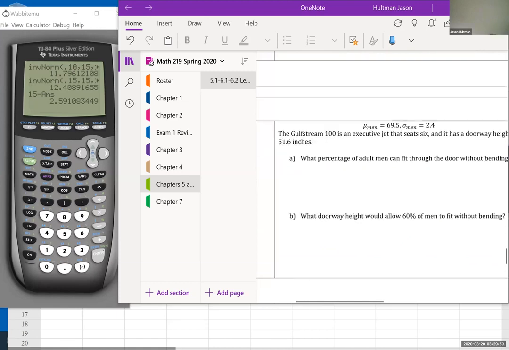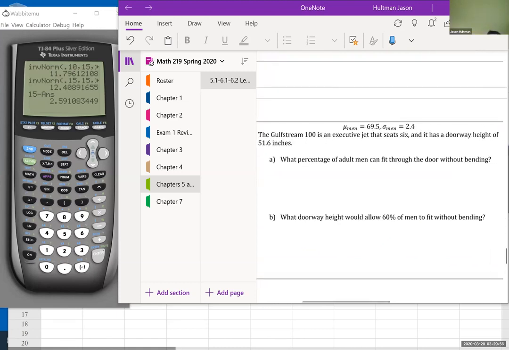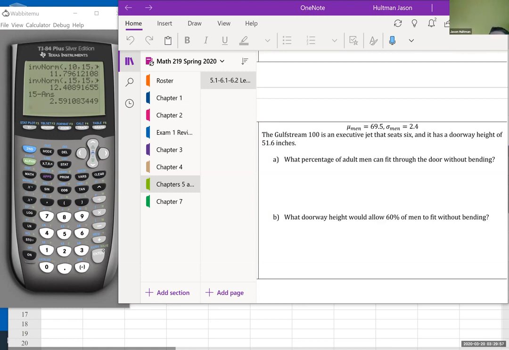Okay, last example. The Gulfstream 100 is an executive jet that seats 6 and has a doorway height of 51.6 inches. Find the percentage of adult men that can fit through the door without bending. Basically, what's the probability that X is less than 51.6 inches? How tall is that?